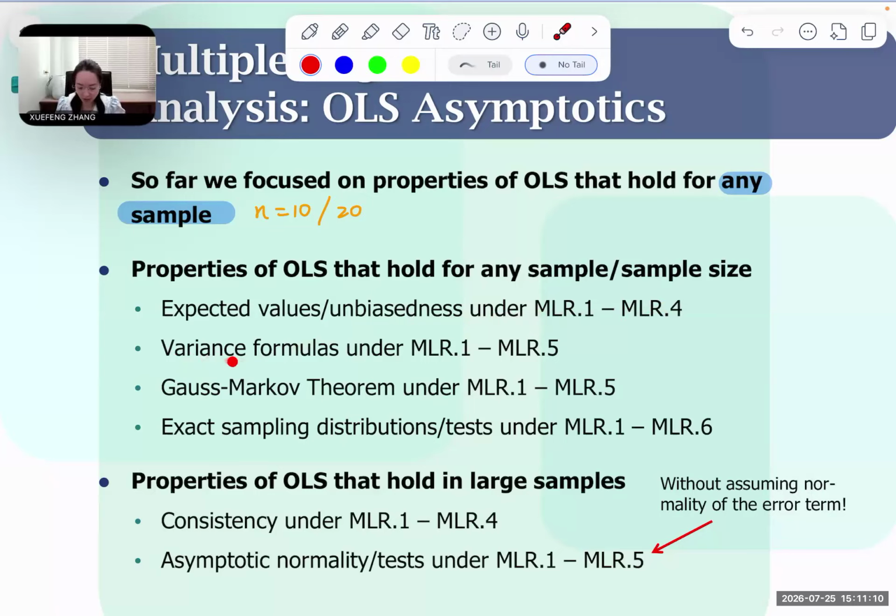And then we have our variance formulas under MLR 1, 3, 5. Next, the Gauss-Markov theorem, which means OLS is BLUE under MLR 1 through 5. And then exact sampling distributions, t-test, F-test, under MLR 1 through 6, which includes normality.